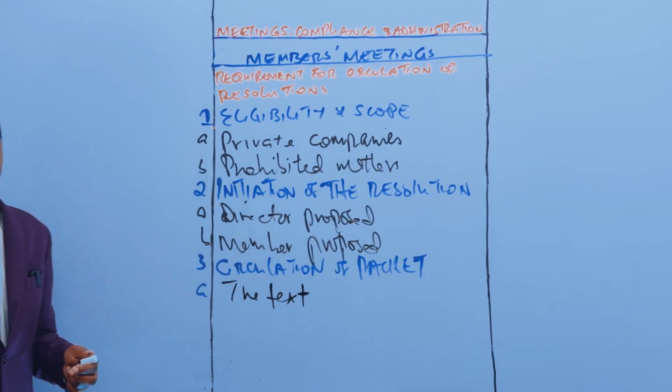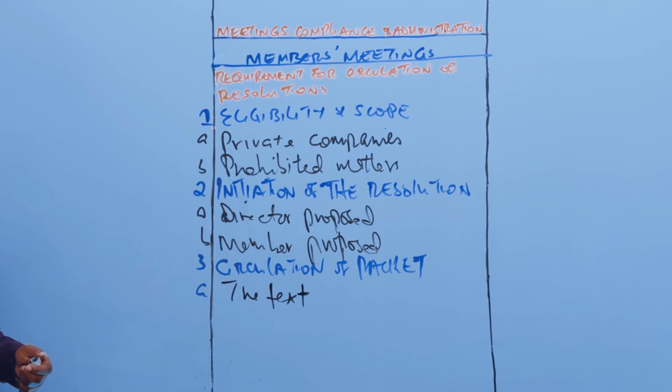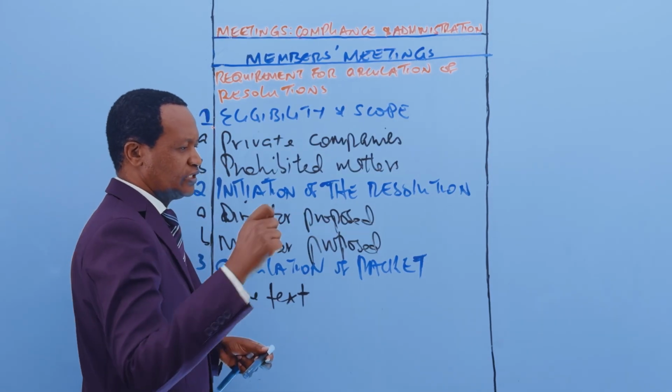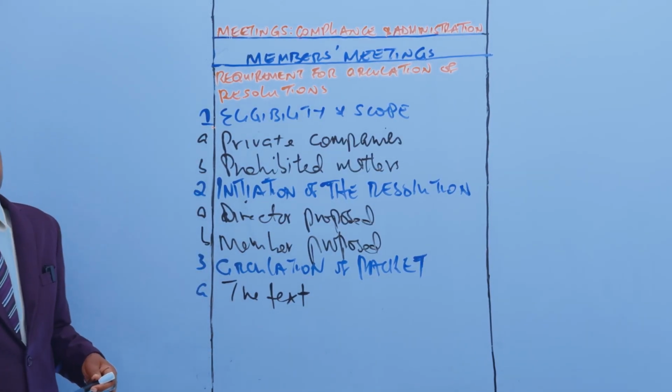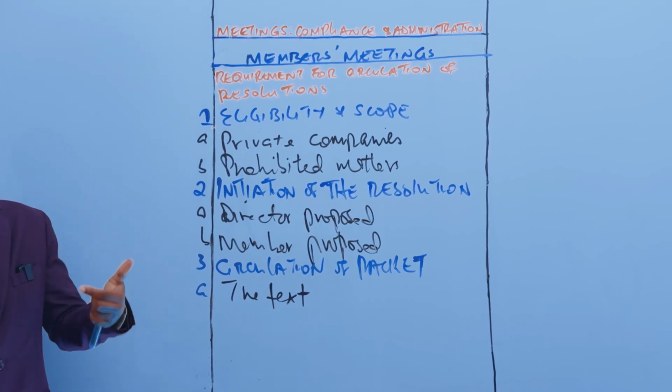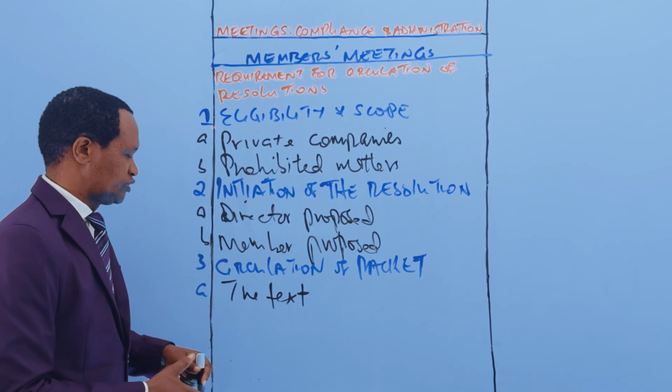When circulating the resolution, the packet must include the text, that means the exact wording of the resolution. And if it is a special resolution, it must be explicitly identified as such.